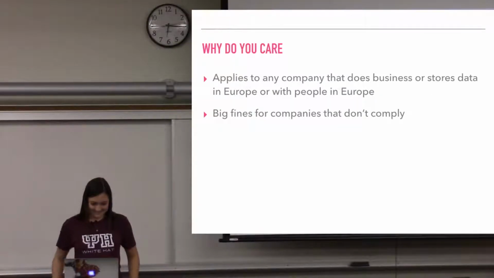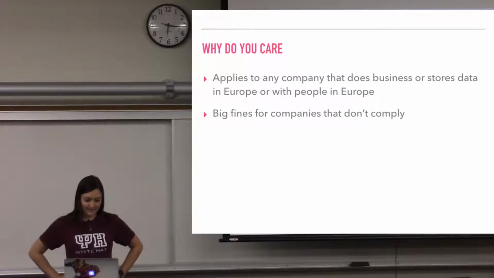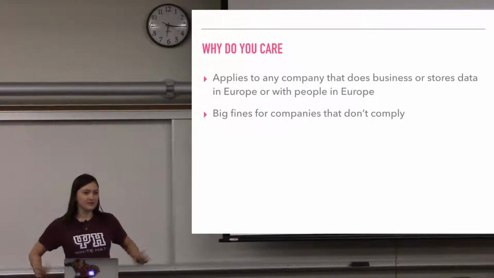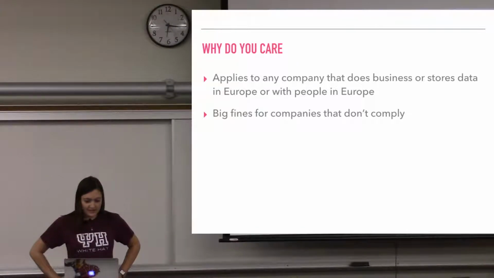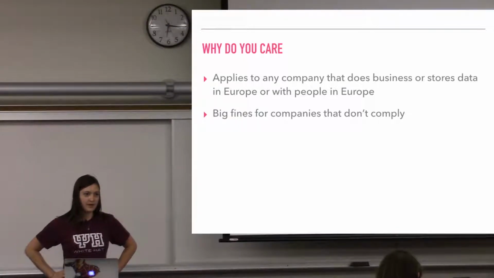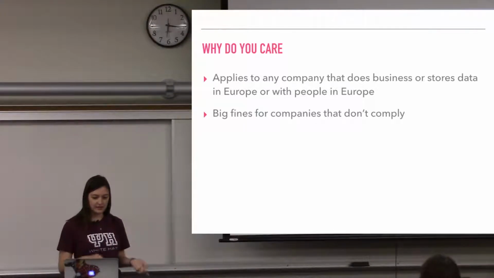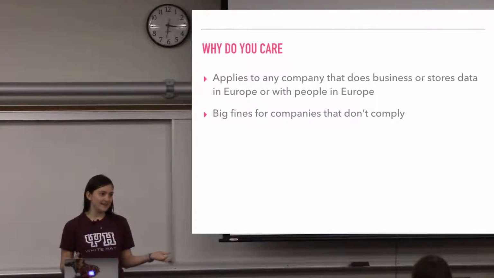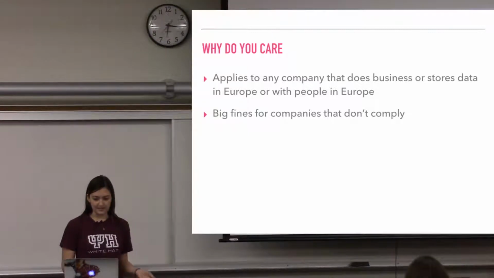Okay. So, aside from that, why do you care about the GDPR? So you're in the US, Europe is kind of far away, so why does this affect you? It doesn't just apply to companies in Europe. It applies to any company that does business in Europe. So if you have a website, say, that people access from Europe, then the GDPR also applies to you.